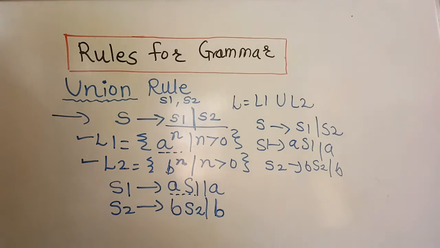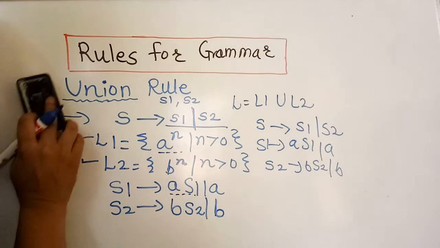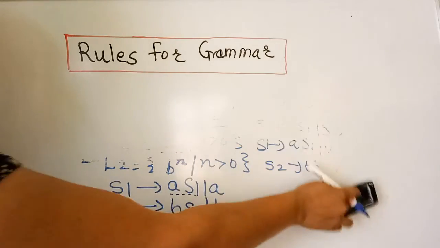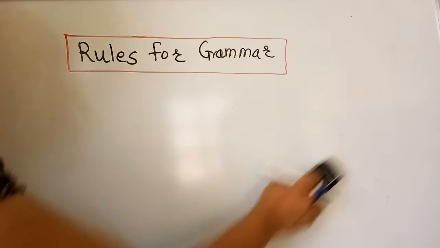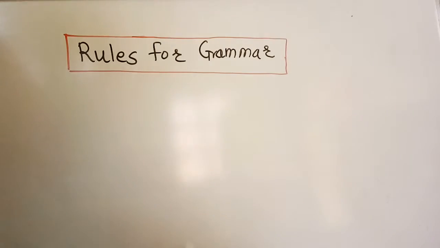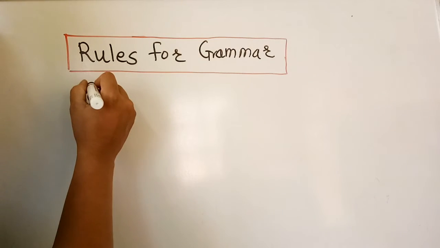Now continuing the same topic further, we will talk about the next type of grammar rule, that is the concatenation rule for grammar. What is the concatenation rule?